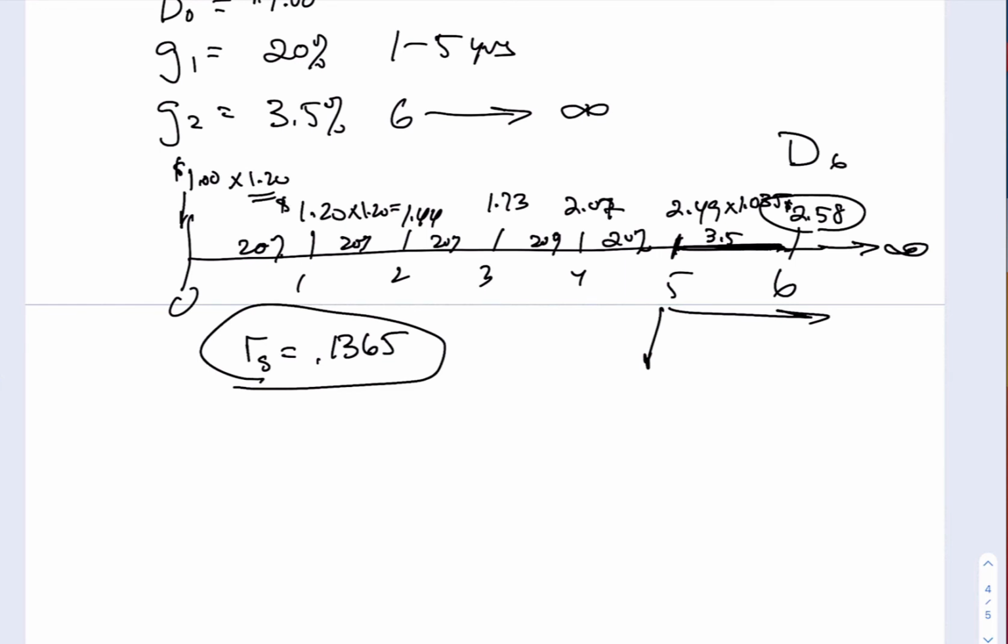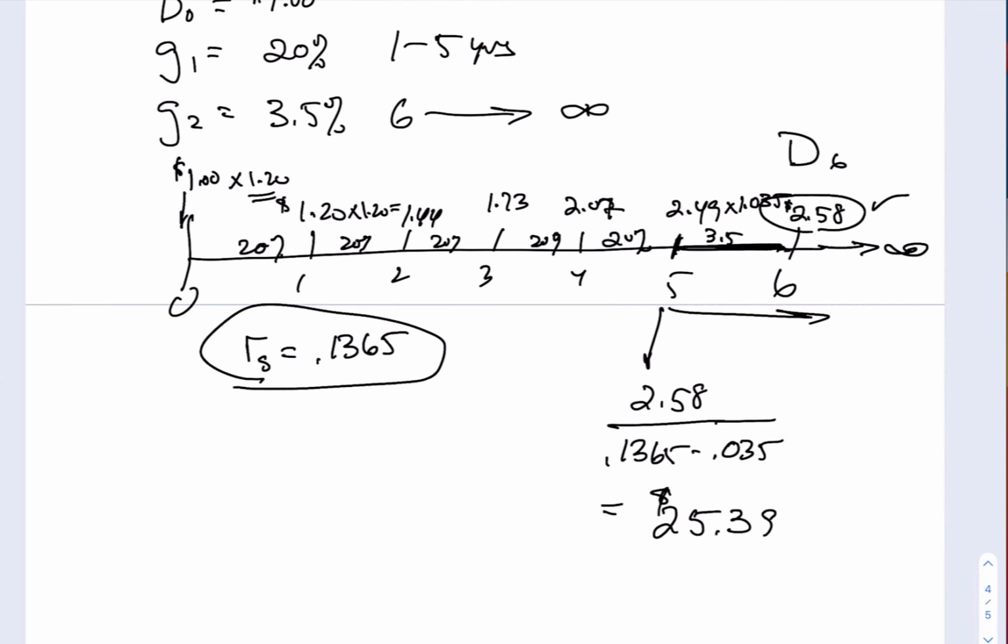So if we take that dividend here of $2.58 that I calculated right here, and I divide it by the discount rate minus the growth rate to infinity, I can calculate a stock price at year 5. The stock price in year 5 will be $25.39. Okay?